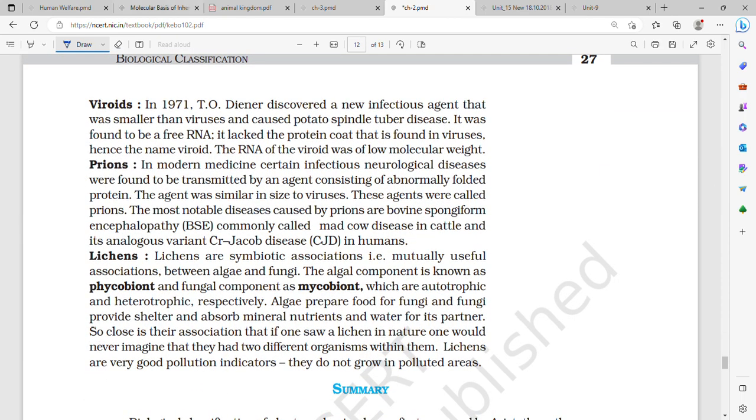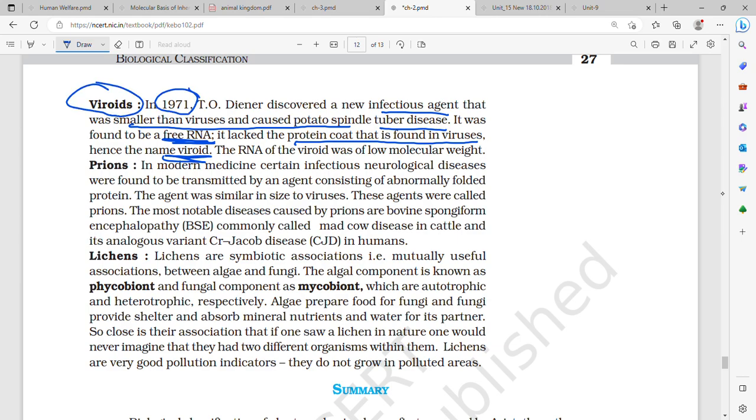Then in 1971, T.O. Diener discovered a new infectious agent which was smaller in size than viruses and caused potato spindle tuber disease. It was found to be free RNA and it lacked the protein coat that is found in viruses, and therefore he named it viroid.